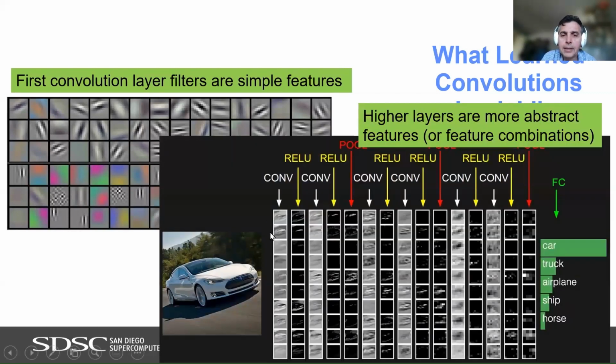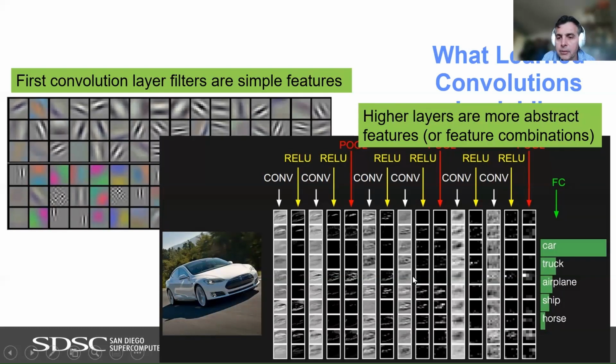And if we look at the activations, here's a picture of a car. As you go from left to right, you're going from the lower layers up to the higher layers. We see that the activations still look like the car, except certain features are highlighted. Maybe it's an edge, maybe it's the front, maybe it's a part of a wheel. Who knows? It's hard to say.